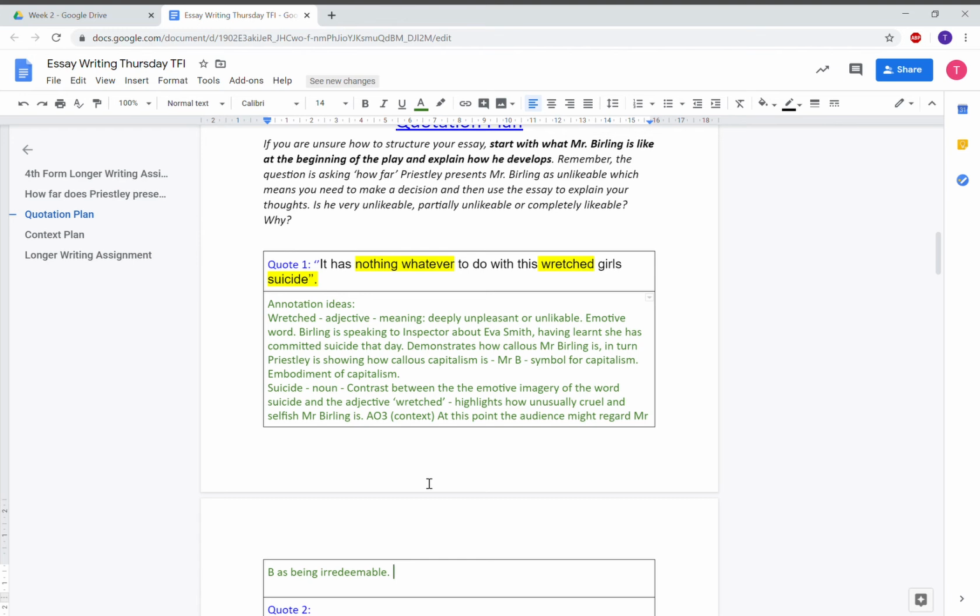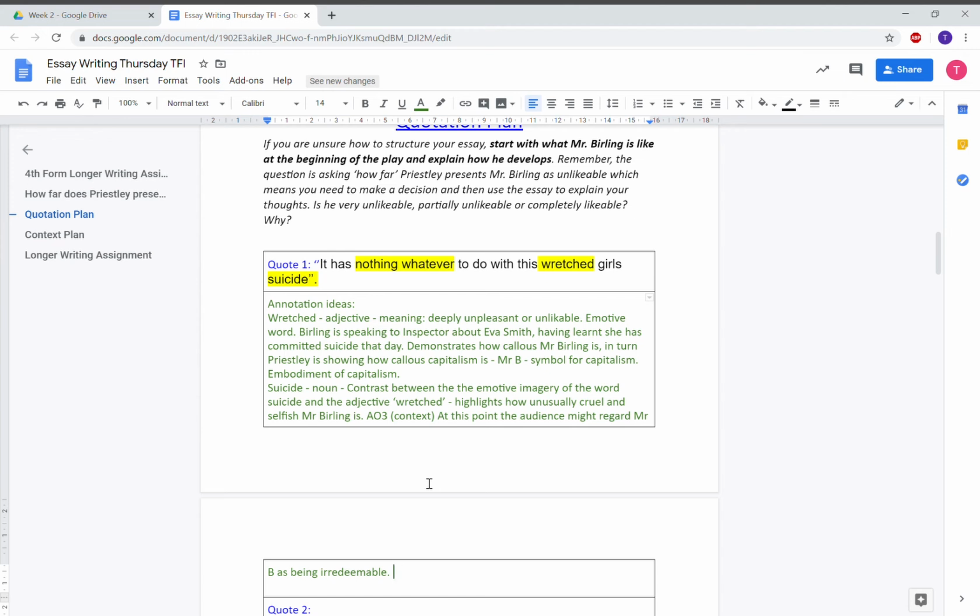Okay, so this is something that if you as an audience member weren't sure about whether you liked or disliked Mr. Birling, at this point a lot of people would probably be completely turned off by him, and realise that he is a terrible person, but more importantly that capitalism is a terrible ideology. J.B. Priestley creates this character Arthur Birling who has these dreadful views, and the reason he has Arthur Birling say these awful things is because he's trying to assassinate his character in the eyes of the audience.